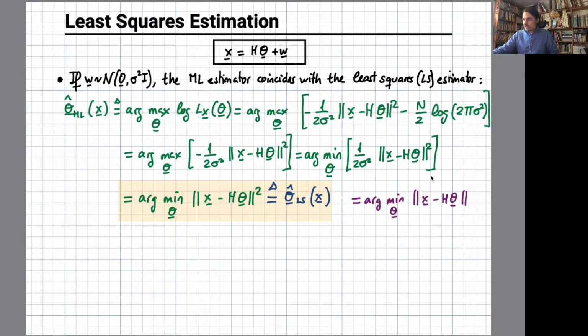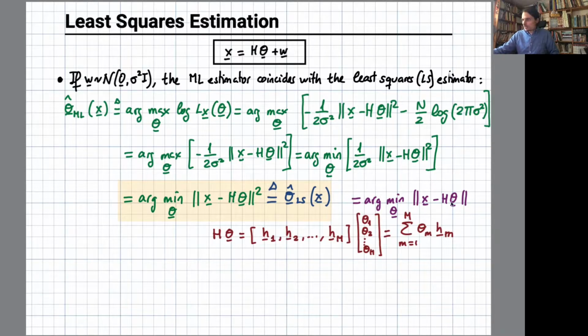Now let us express this vector H theta in terms of the columns of H. So this can be written in this way, where we have also written theta in terms of its entries, which are the parameters that we want to estimate. Therefore, this vector is just a linear combination of the columns of H, right?